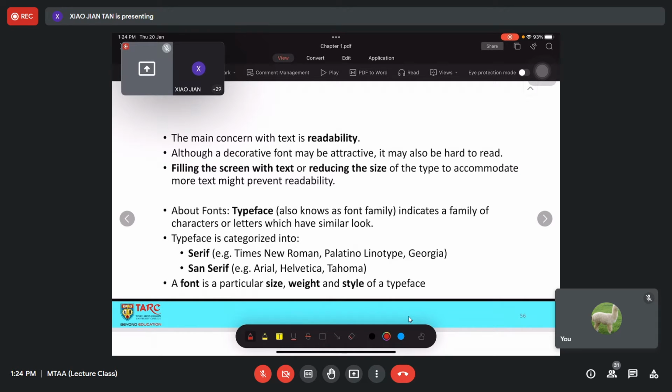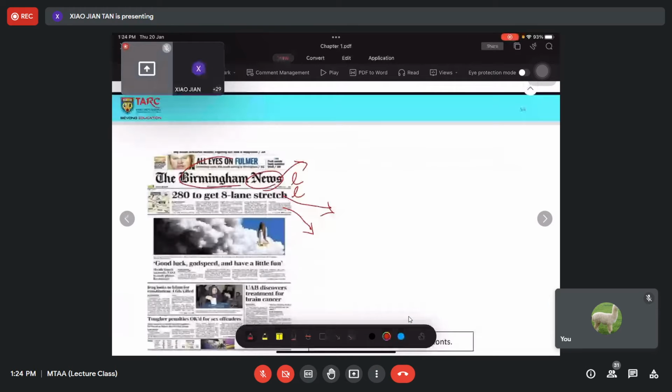Although fonts could be attractive, this one consists of only 3 words, so it's fine. But if all this content used this font, it would be very confusing.